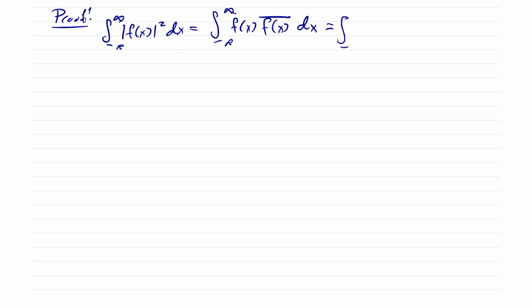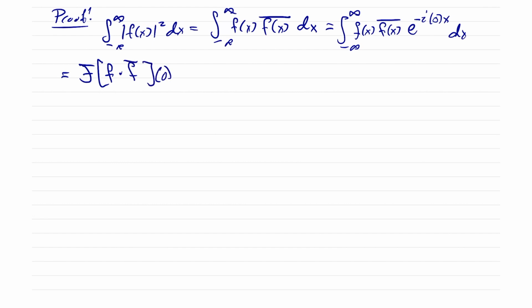This can also be thought of as the integral of f of x times f of x bar times e to the minus i times 0 times x dx. So this is the Fourier transform of f times f bar evaluated at 0. Almost, actually. In order to get the Fourier transform, we would have to divide by the square root of 2 pi, so we're going to put 2 pi to the 1/2 up here.